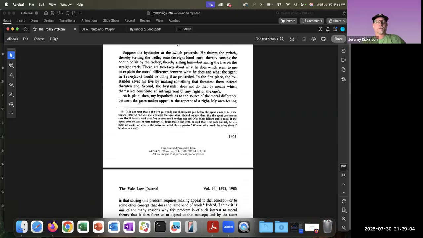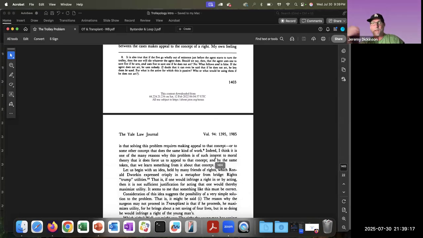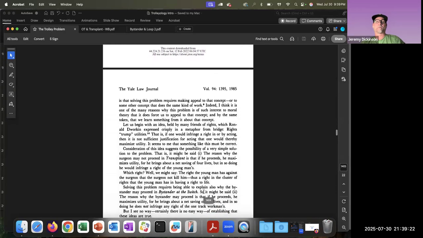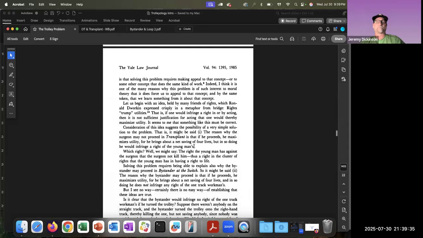She notes, as is plain, that my hypothesis as to the source of the moral difference between the cases, between the bystander case and the transplant case, makes appeal to the concept of a right. My own thinking is that solving this problem requires making an appeal to that concept or to some other concept that does the same kind of work. Okay, so she's fine saying that there might be some other concept that can do the work here, but for her, it's going to be rights.